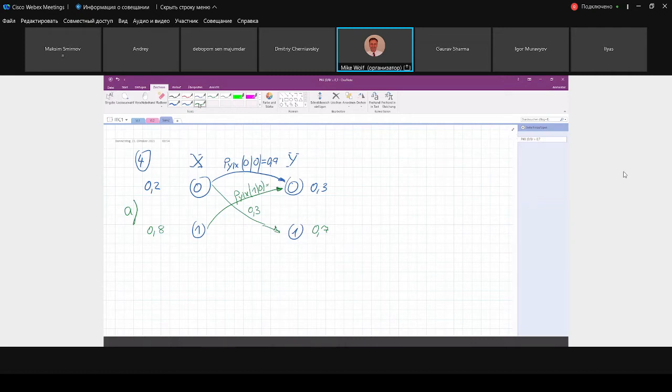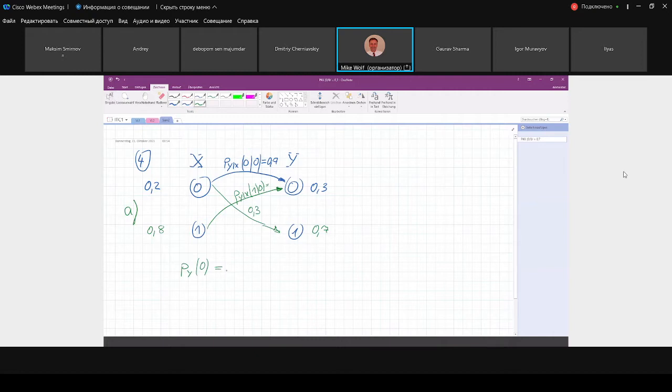I write it here. If we say we have this state y equal to 0, I write this in our notation. So the probability that y is 0 is, of course, we can come to this state only from here and from here.